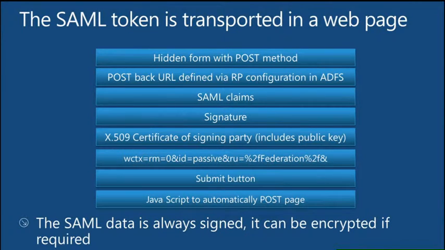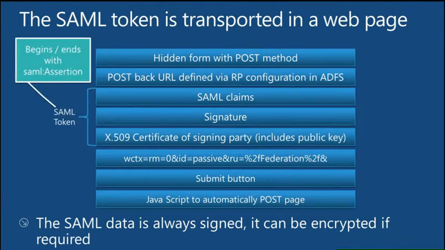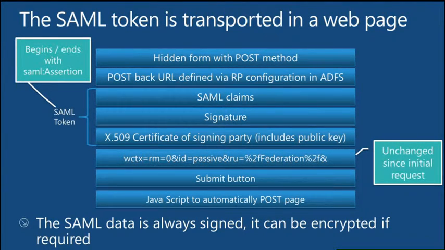So this page has a hidden form, and inside that hidden form is quite a lot of stuff, but the important thing is it actually has your SAML token in it. It also has the WCTX in it, and a submit button at the bottom and a little bit of JavaScript.